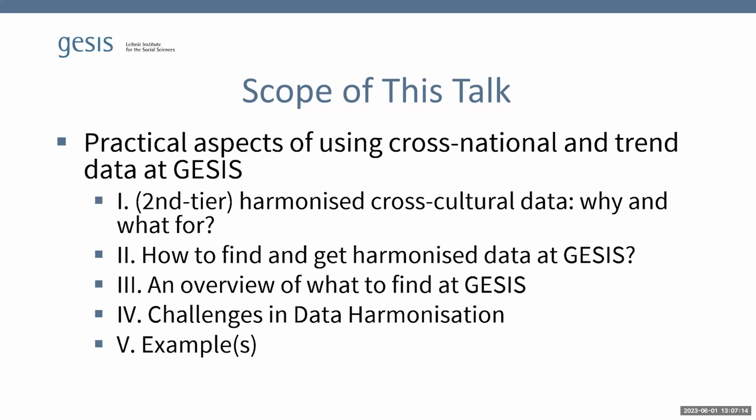Then I'll very briefly give you a few hints at how to get harmonized data at GESIS, show a few examples of what you can expect to find, list a few of the challenges from our experience, and then give you a few examples in more depth to flesh out the part on the challenges.